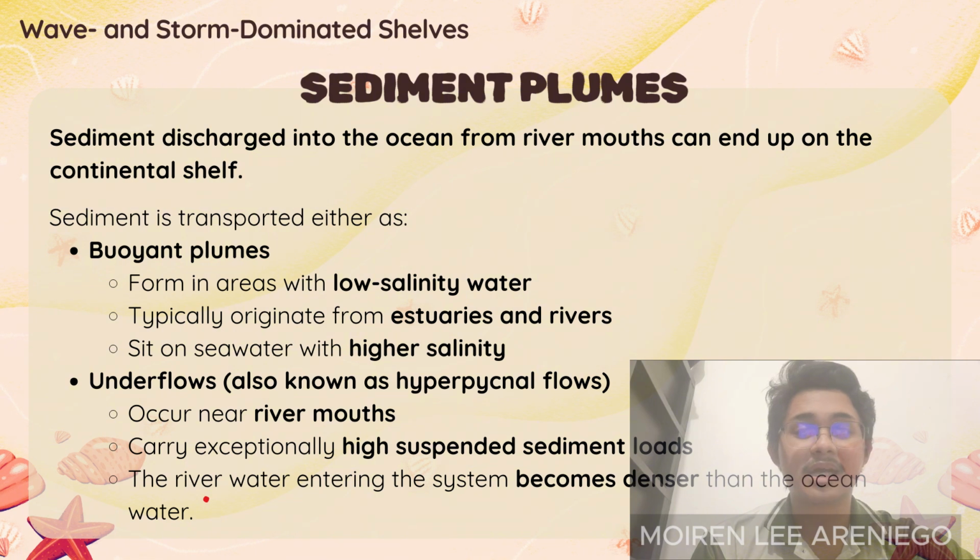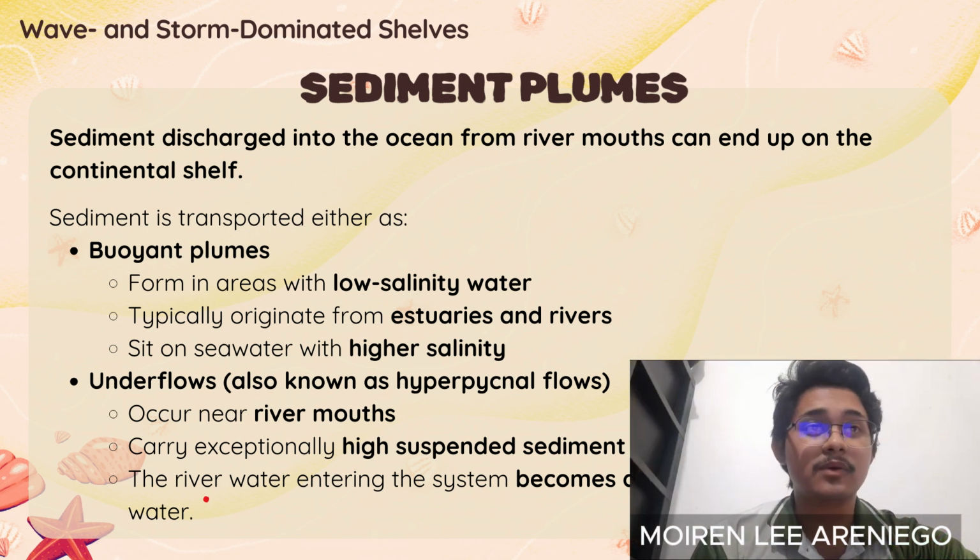That means the river water is much more saturated with sediment, making the water entering the ocean denser than the ocean water itself. So these flows are in fact steady-flow turbidity currents. Since many of these underflows may be swiftly stopped, the majority of the sediments will be deposited closer to or near the river mouths.